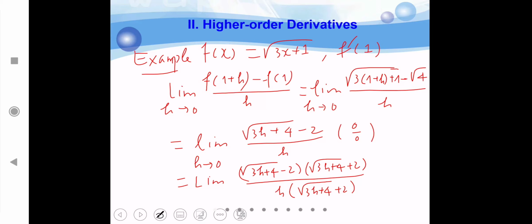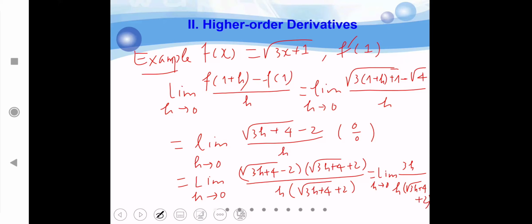Square root of 3h plus 4 plus 2 is called the conjugate expression of the numerator. 3h over h times (square root of 3h plus 4 plus 2), when h tends to 0.